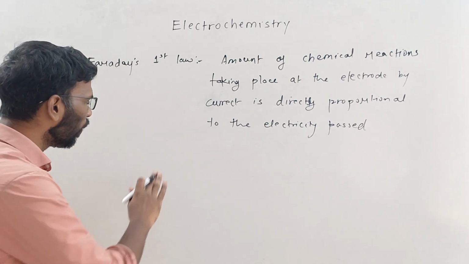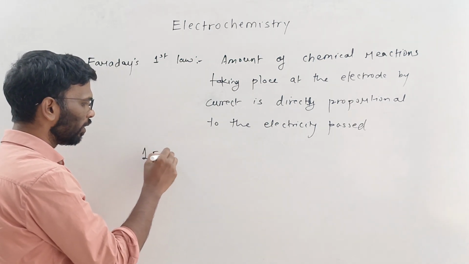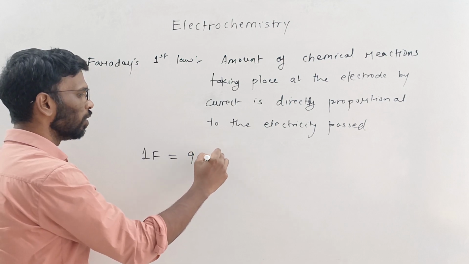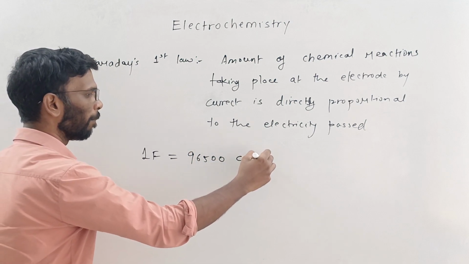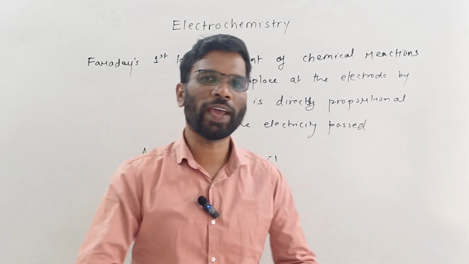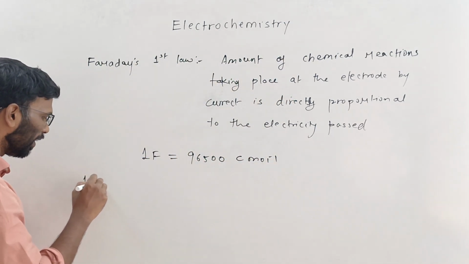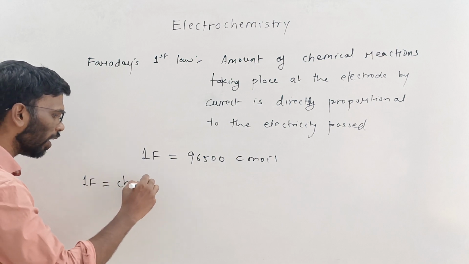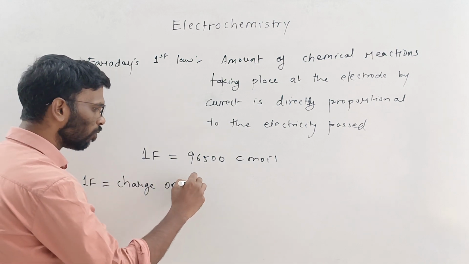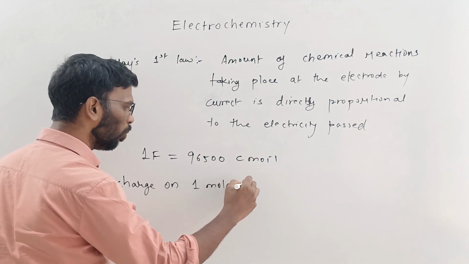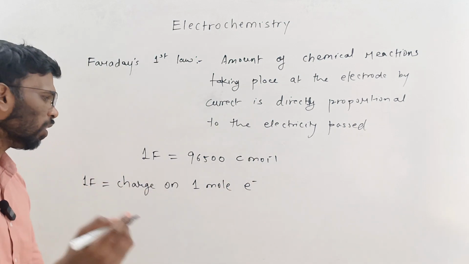Now, 1 farad, everyone knows that 1 farad is equal to 96500 coulomb per mole. Now, from where is this value coming? See, 1 farad is equal to the charge on 1 mole of electrons. Now, what is the meaning of 1 mole of electrons?